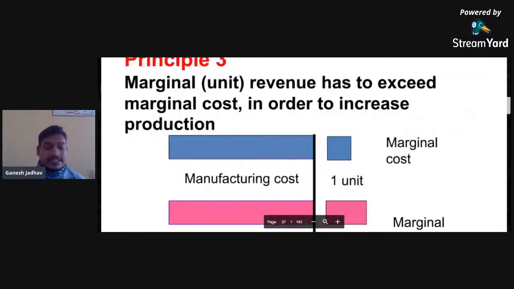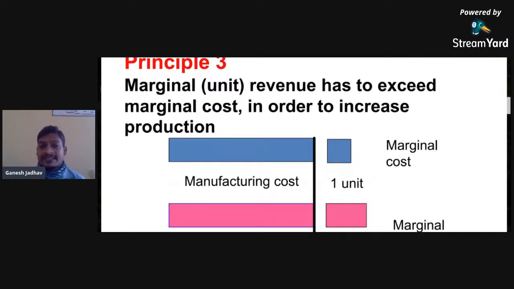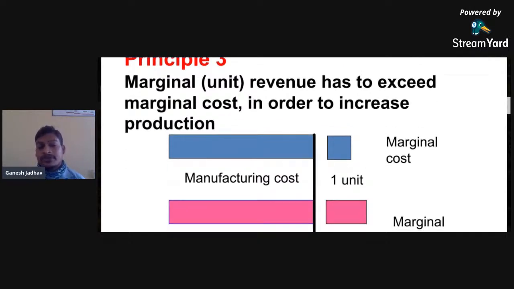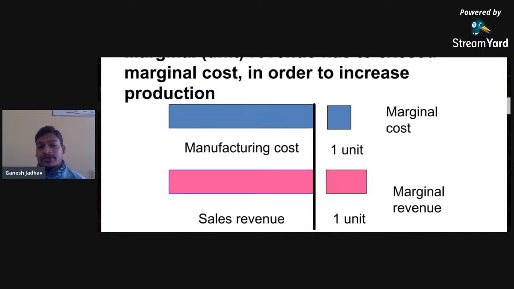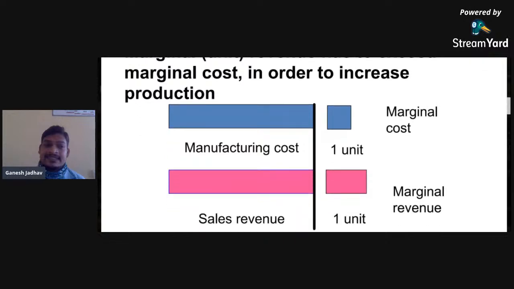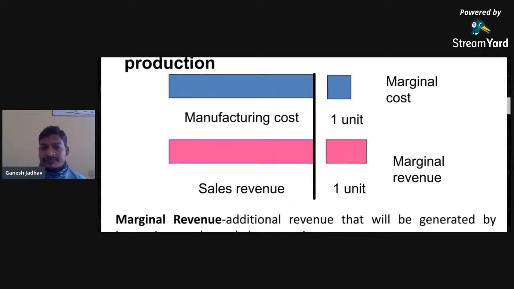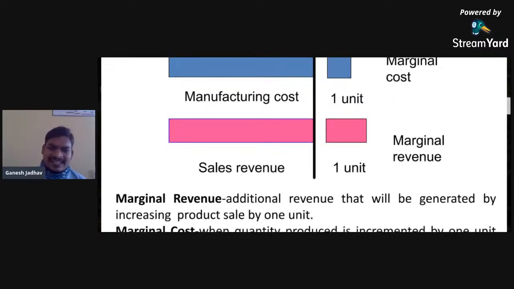Marginal unit revenue has to exceed marginal cost in order to increase production. Why is it required? Because our production must be improved. The manufacturing cost is the marginal cost for one unit, and the sale revenue is the marginal revenue for one unit.